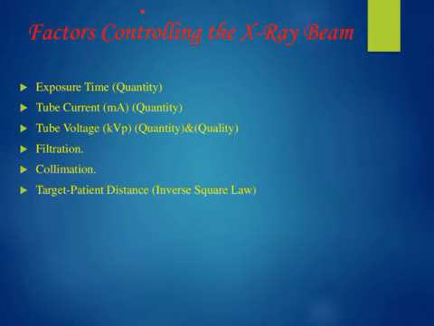Now there are some factors which control the X-ray beam: exposure time, tube current, voltage, filtration, collimation, target to patient distance, etc. So what you have to know from this slide is that the quantity of X-rays produced can be changed by altering the exposure time, the tube current, and the voltage, because all of them represent quantity.